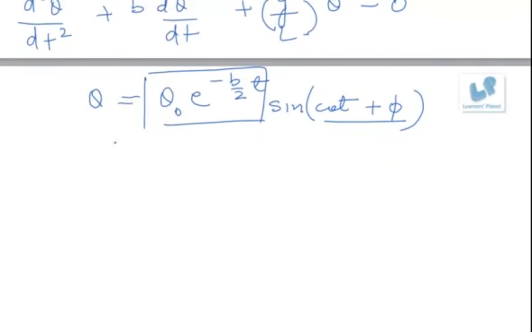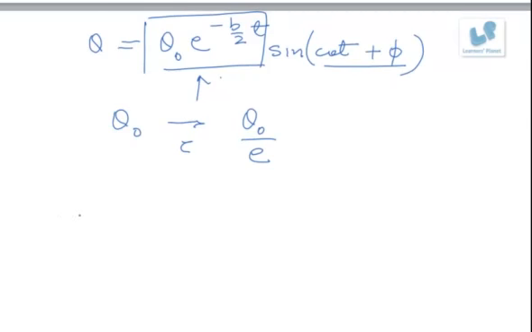That means this amplitude theta naught in a time interval of tau becomes theta naught by e, that is 1 by e of the maximum amplitude. So theta naught by e is equal to theta naught e to the power minus b by 2 times t, wherein this t is equal to tau.